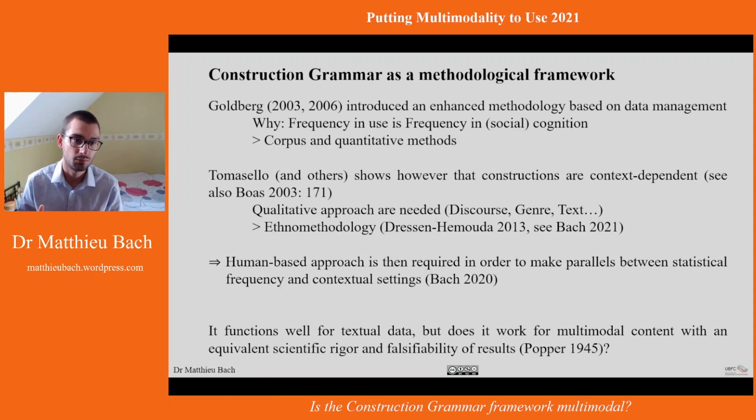So what we could do, what we should do maybe, is to implement an ethnomethodology in order to understand how people interact with one another in a specific context, in a specific environment. But as we all know, it might be very complicated and very hard to implement ethnomethodology in corpus-based methods, but that could be an ideal.